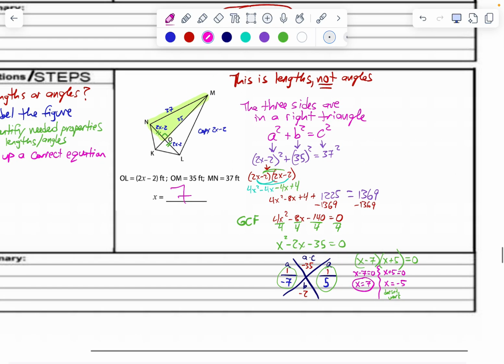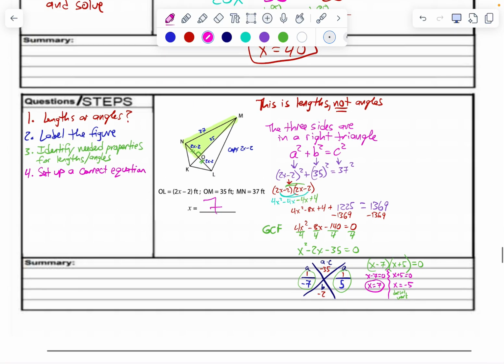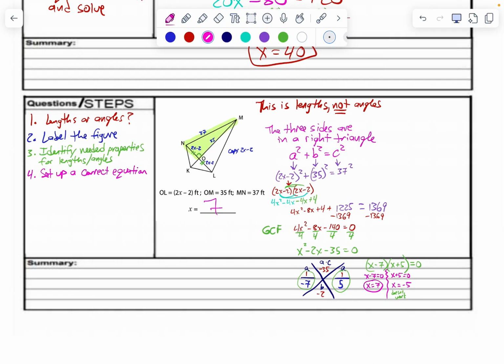Quick review. We decided, is it lengths or angles? Then we said, let's go put information in the figure so we can see how things relate. Then we picked our properties off the list. And in this case, we needed the fact that those diagonals are perpendicular and that we can copy 1/2 of the short diagonal over.